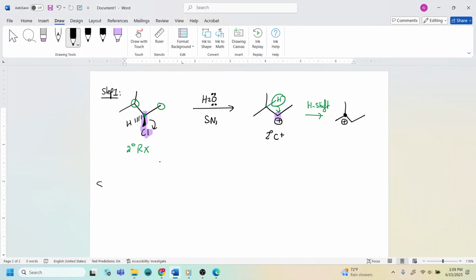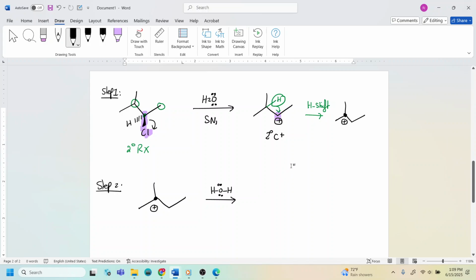And step number two, because it's not a potential chiral center, do not bother with the mechanism of the reaction and having water attacking from the front and from the back. Again, because if you can see over here, these two groups are the same. So you don't have three different groups and you add a fourth one to be a chiral center.